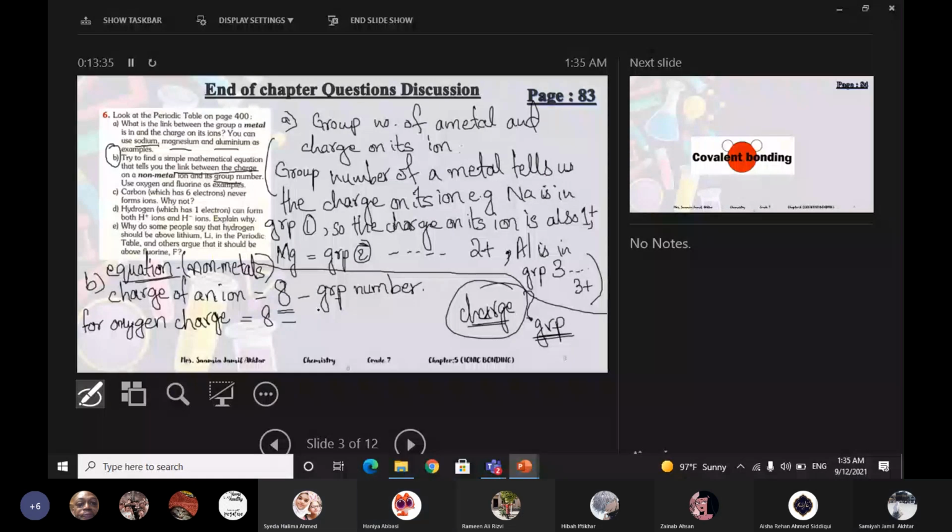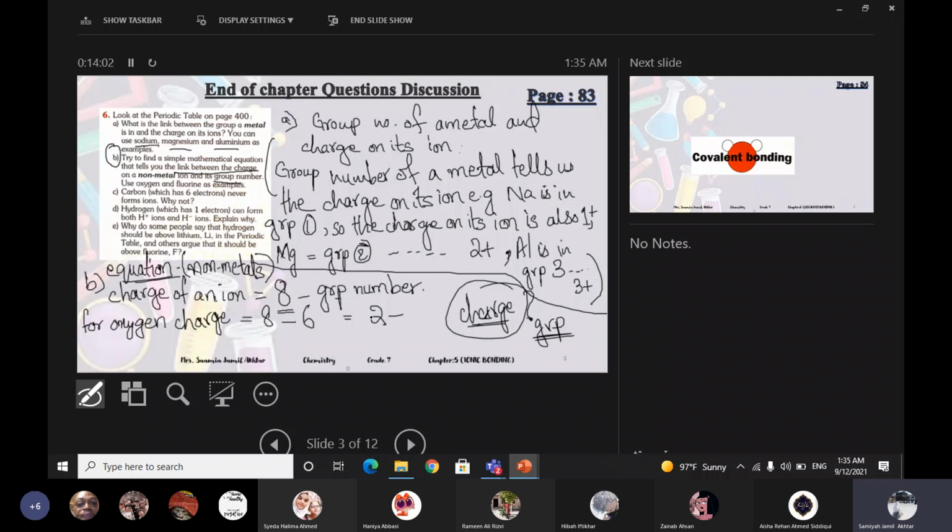Not 7, group 6. Oxygen is in group 6, beta, not in group 8. Yes, so 8 minus 6 is 2. It means that the charge on the oxygen ion will be 2 minus.